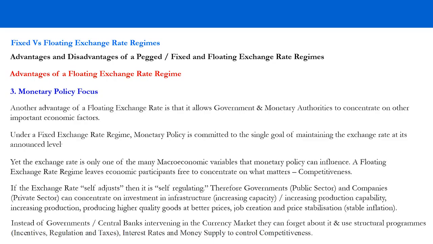So instead of governments or central banks intervening in the currency markets, they can forget about it and just use structural programs. So incentives like regulation and taxes, interest rates and money supply to control competitiveness. Because in a floating system, in theory, what's supposed to happen is that the price mechanism is supposed to self-adjust. Balance of payments are supposed to self-adjust.